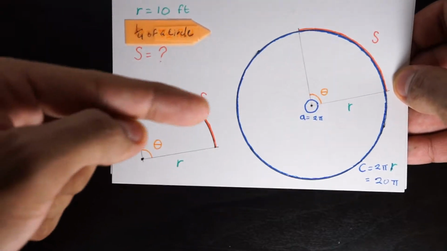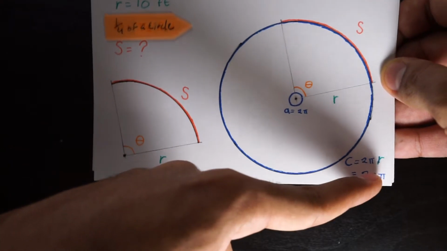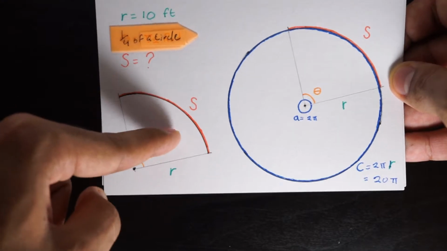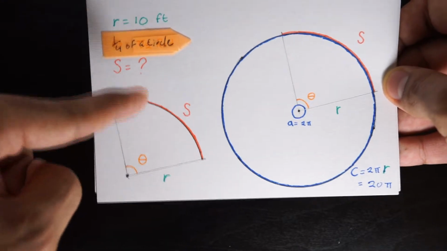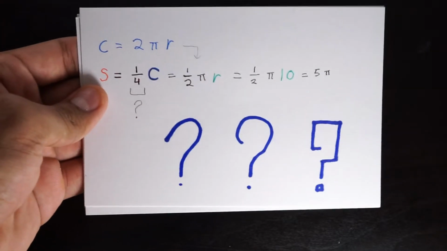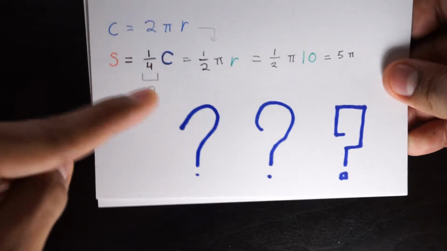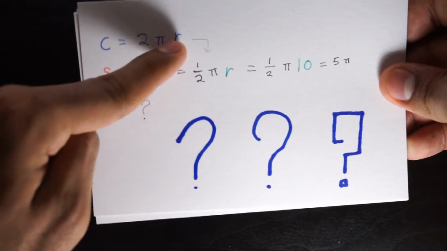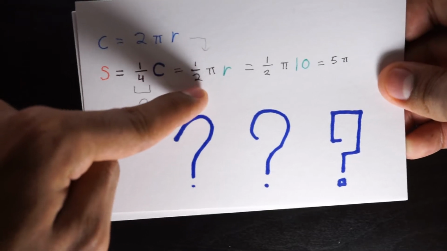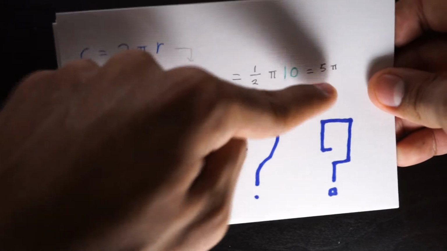So knowing the circumference of a whole circle, because we have the formula already, if we know how much of an entire circle this arc length is, then we can solve for the arc length of this. Going forward, if we know it's a fourth, we just multiply the circumference of that circle by 1/4, and we plug it in. We see that we get 1/2 pi times the radius. We plug in the radius and we get 5 pi.